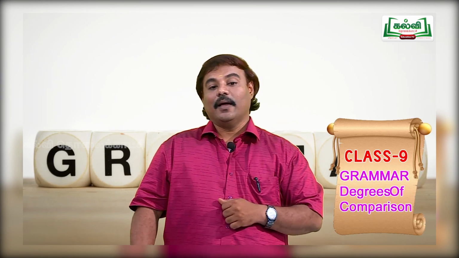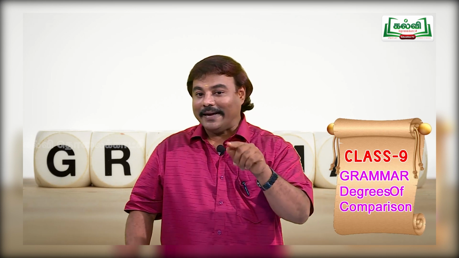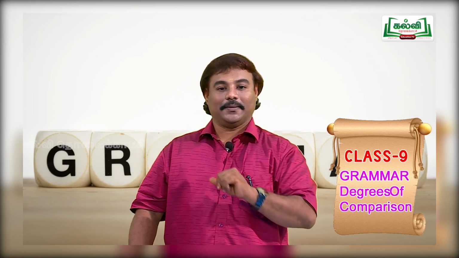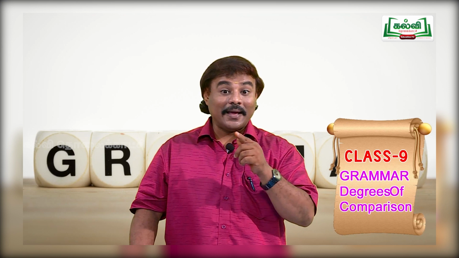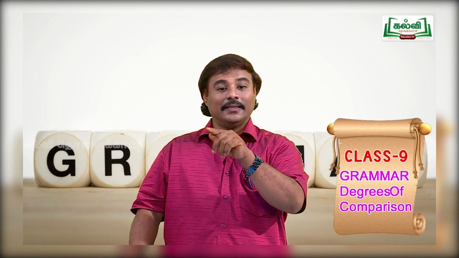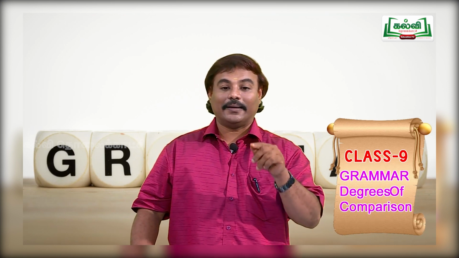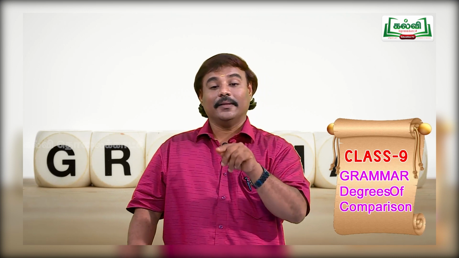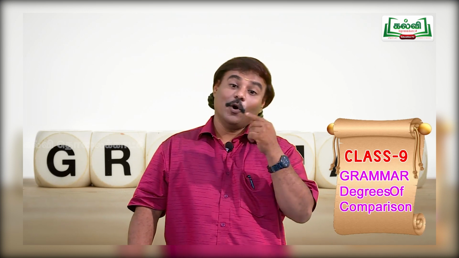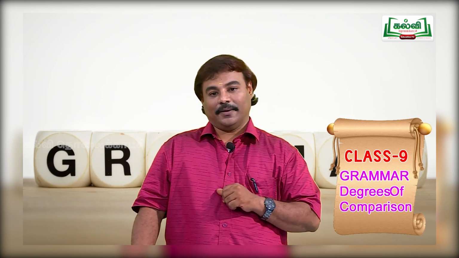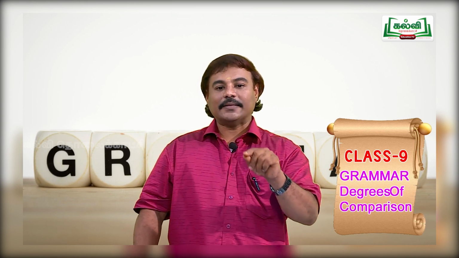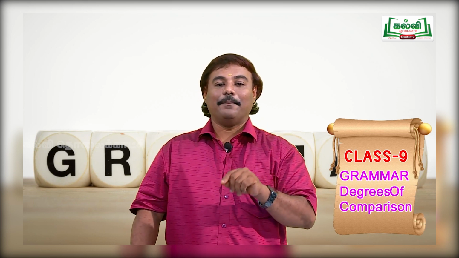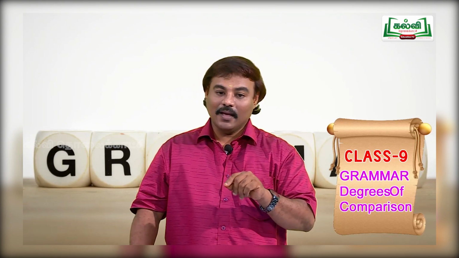The third: Mary is more talented than many other, many other students in the school. Okay, most other, you can say many other. Mary is more talented than many other students in the school.